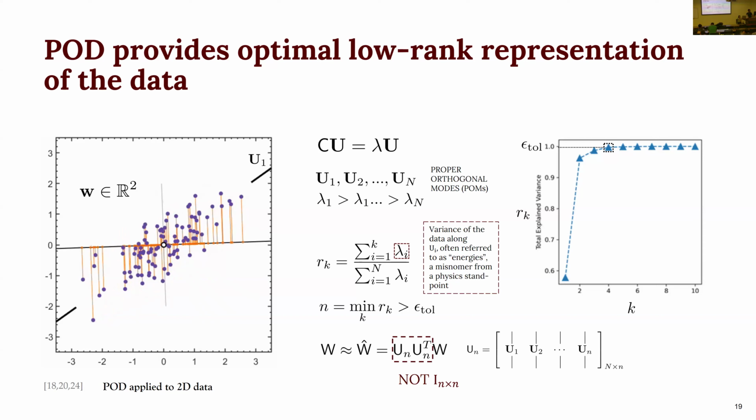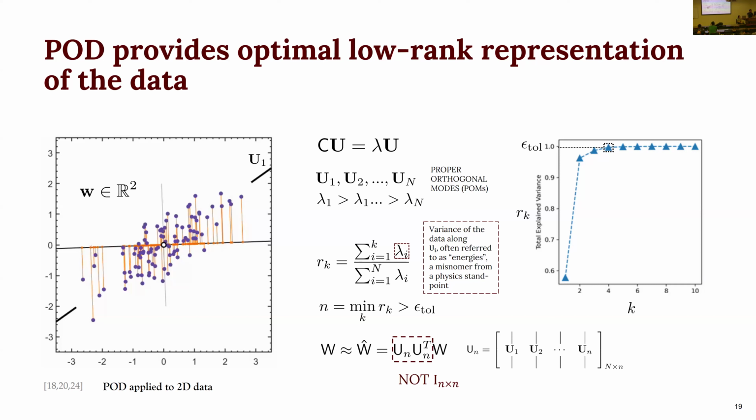Now once we have these vectors and the corresponding eigenvalues, we can use this information to find our reduced subspace. So the question is how? Once we have arranged our eigenvalues and eigenvectors in this way, we can find this quantity Rk, which indicates how much variance these modes capture.